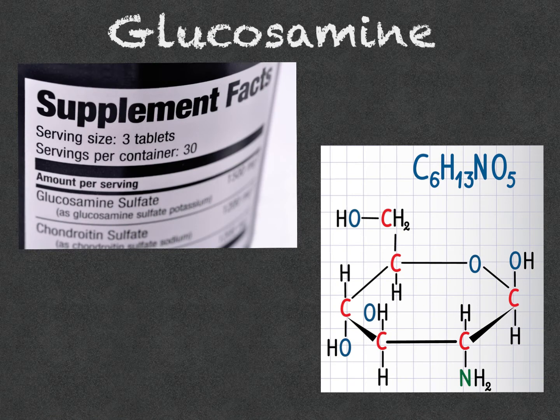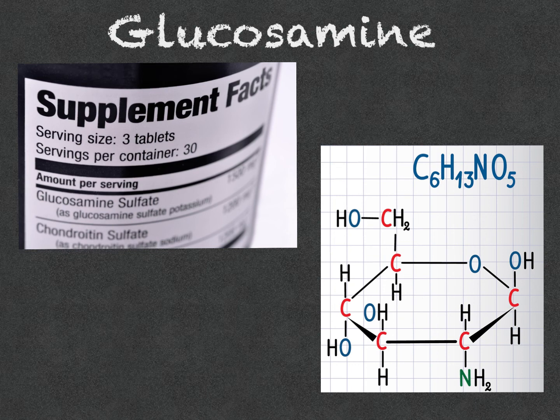One other fun example that will remind us of the importance of amine and amide functional groups and give us some more practice at recognizing these is the molecule known as glucosamine. Now, the name of this molecule, having the amine suffix, kind of gives it away, to be completely honest. This is the structure of glucosamine. You'll notice that it looks very much like a cyclic sugar, glucose, hence the glucose portion of the name.